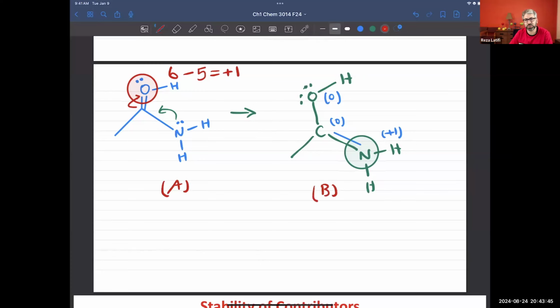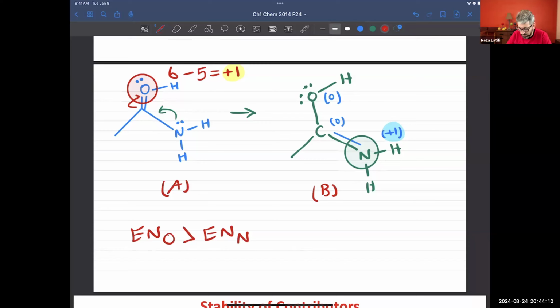Okay, A versus B. What's the best Lewis structure? The top one has the positive charge on oxygen, while the second one has the positive charge on nitrogen. The electronegativity of oxygen is higher than the electronegativity of nitrogen. So if we are supposed to have a positive charge, it should be on nitrogen, not oxygen.